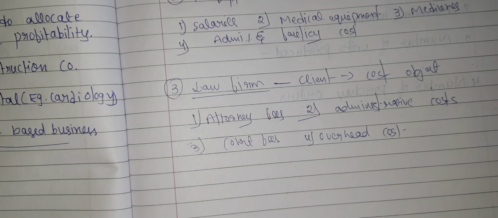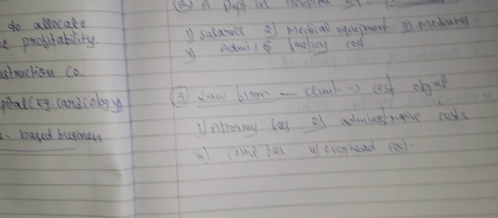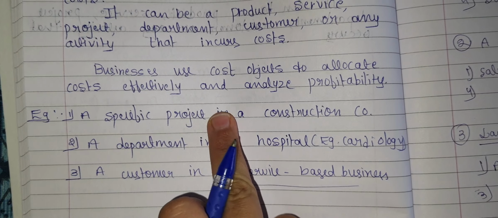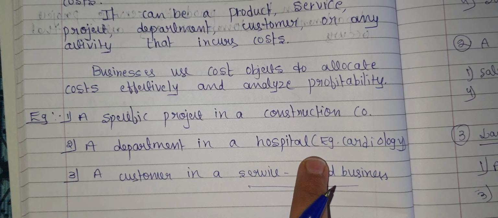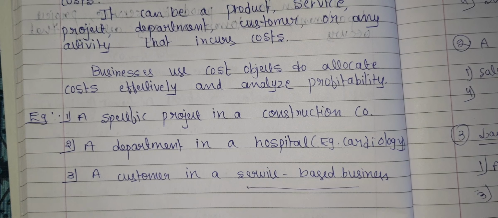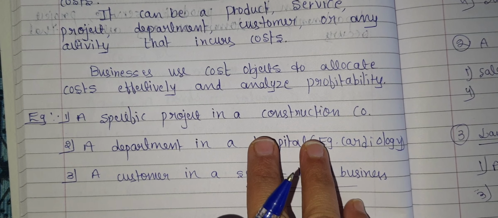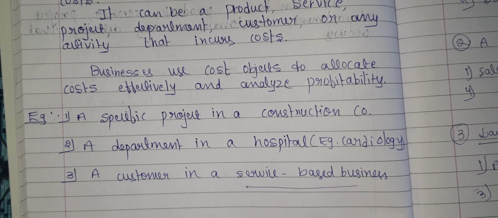So these are examples of a cost object. For example, a specific project in a construction company, a department in a hospital, and a customer in a service-based business. The company has to track all the costs and analyze the profitability.